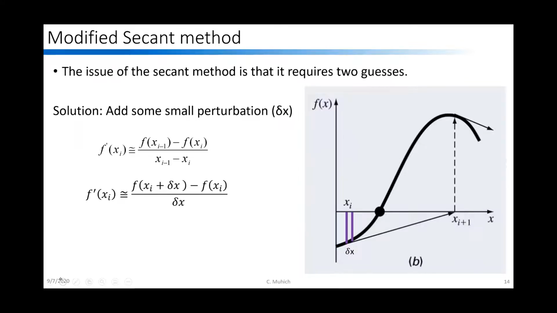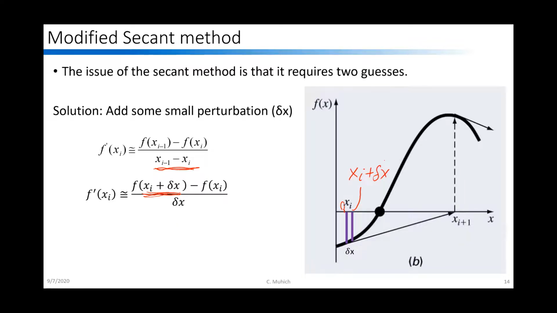Because of this, I now know not only the difference between the two x's, it's delta x by definition, but I can also calculate my function value at that next step by saying xi plus delta x. So if this is xi, then this is xi plus delta x.